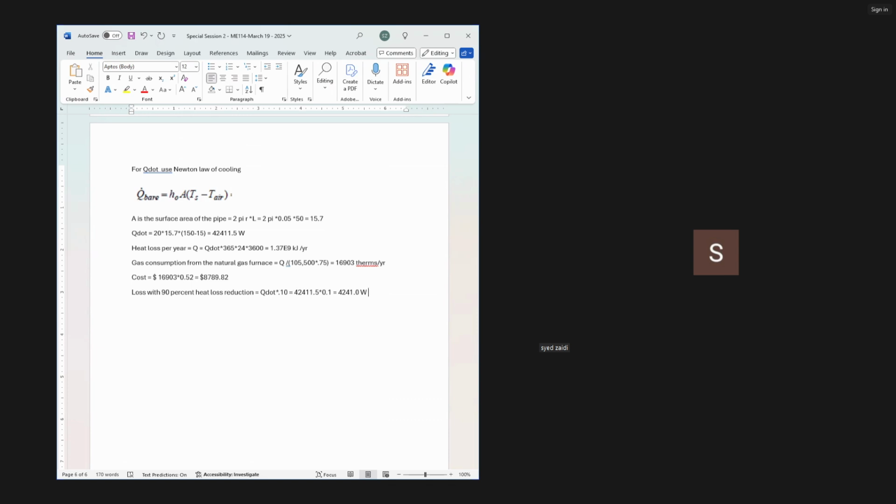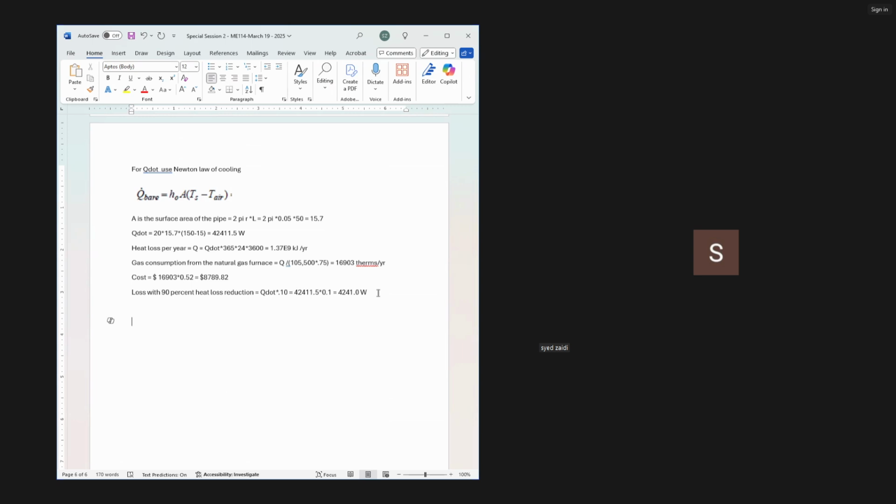And now we have to find out the insulation, Q dot insulation. If you have not forgotten, we have to find out the Q dot insulation.